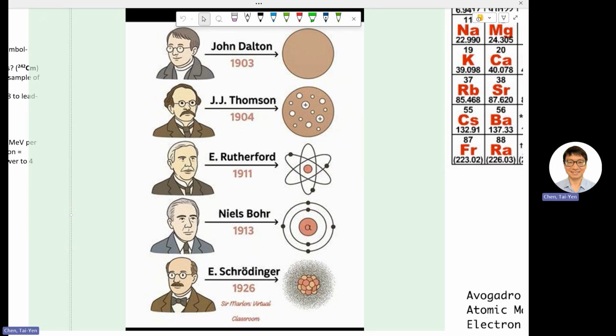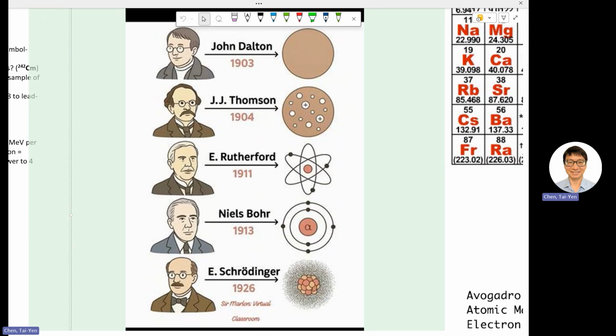So that's the evolution of the view of atoms from the very beginning, 1903 to 1926. People spent around 25 years to complete the picture. Do you feel it's amazing that people could change things so much in 20 years?